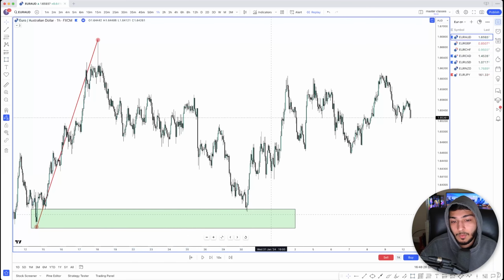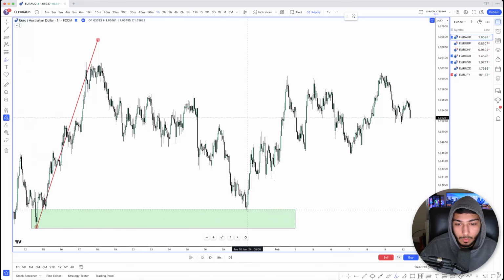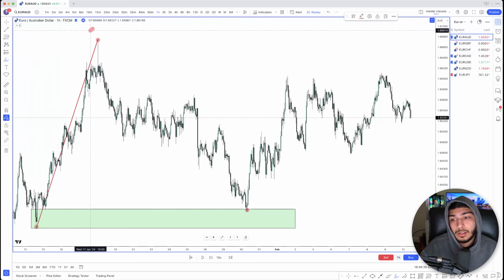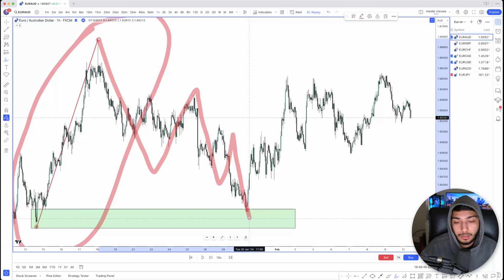Maybe there was a higher time frame, whatever, but it came back to mitigate something down here, so we put in a higher low. Now we have to understand we have a swing structure developing. And then we have a very corrective, slow, choppy correction, which is amazing.